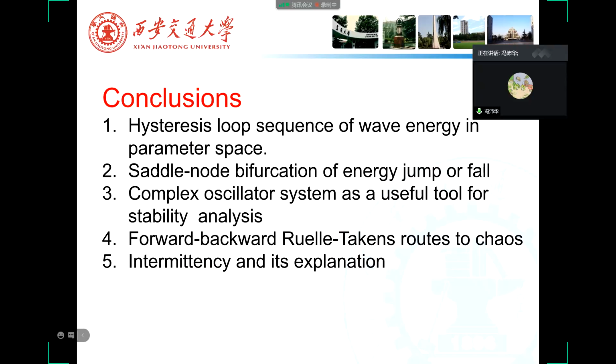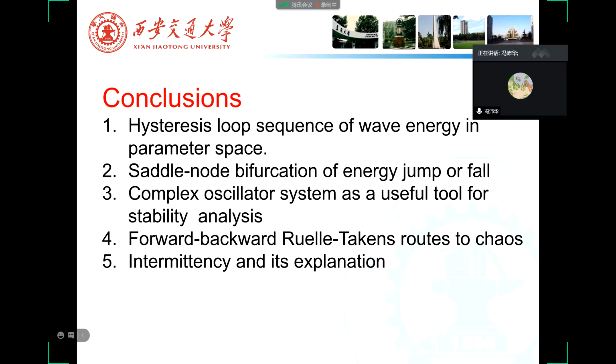And now I can give my conclusions of our study. The first one is that hysteresis loops of the wave energy in parameter space exist when we change the very important parameter. This phenomenon can be explained by the saddle-node bifurcation in energy jump or fall.